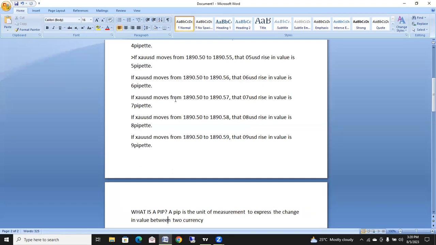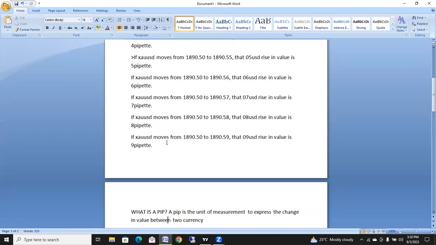And if gold moves from 1890.50 to 1890.57, that 0.7 rise in value is 7 pipettes. And if gold moves from 1890.50 to 1890.58, that 0.8 rise in value is 8 pipettes.